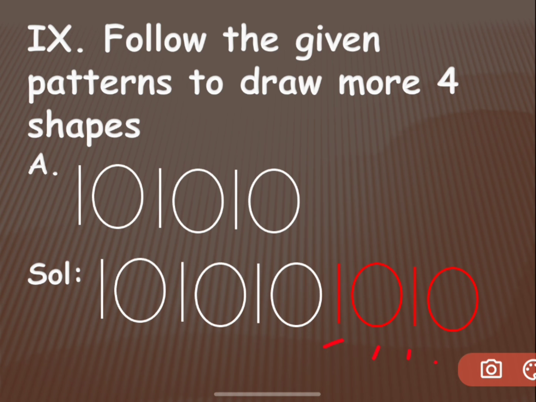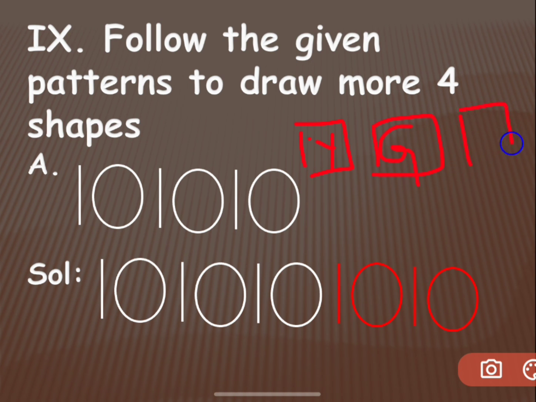So here, children, if you see, you have two different shapes, isn't it? Standing line, circle, standing line, circle, two different shapes. Or sometimes I might give you the same shape, for example a square, which is yellow in color, and another square, same square, but it is green in color.